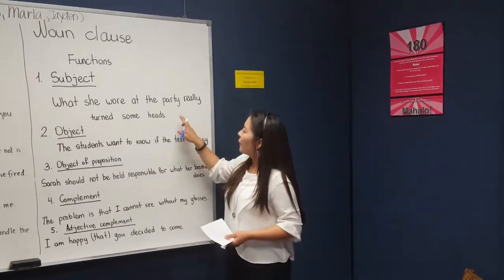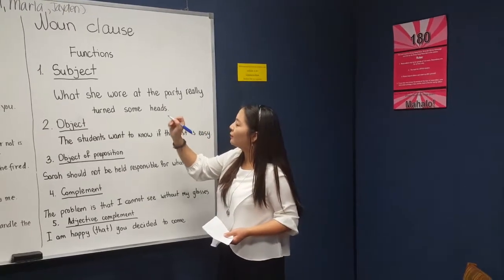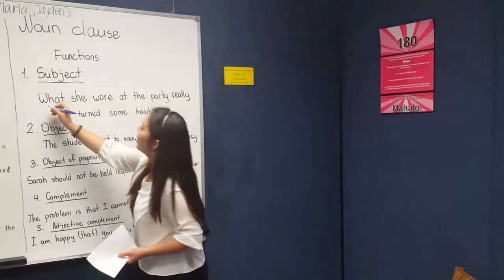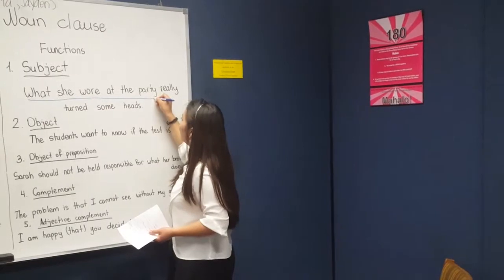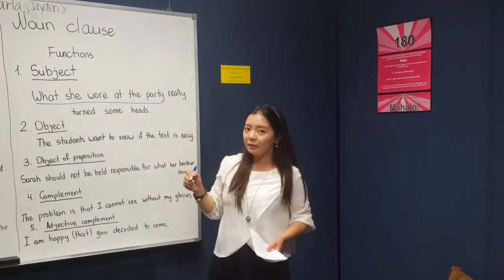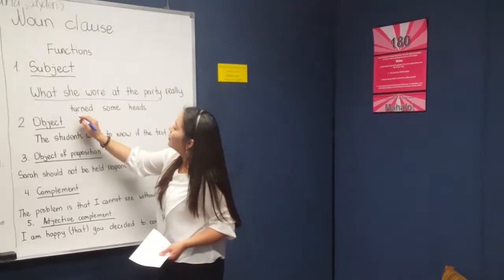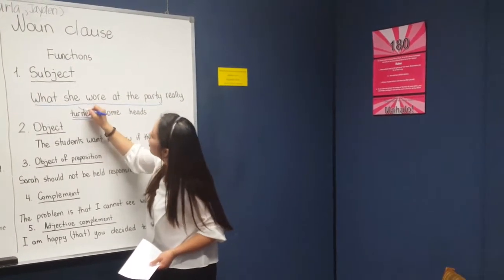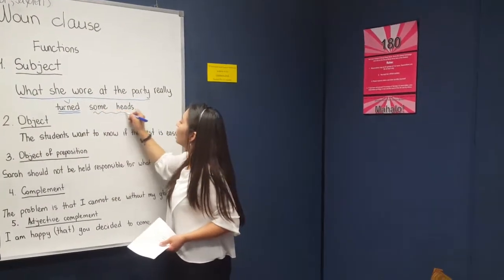For the first sentence, we first identify the dependent clause, which is what she wore at the party, and the verb of this sentence is turned, and some heads is the object.